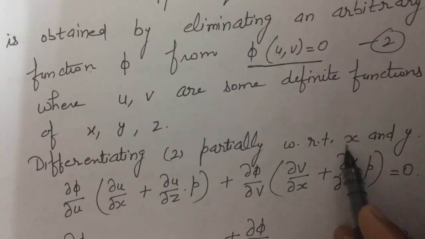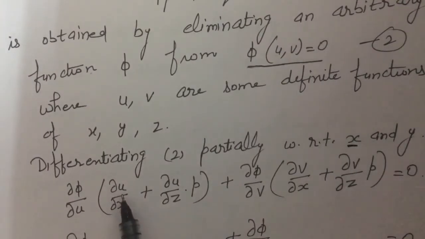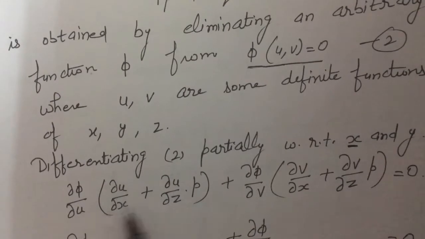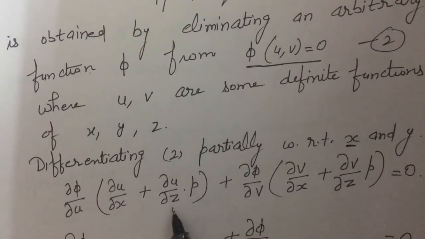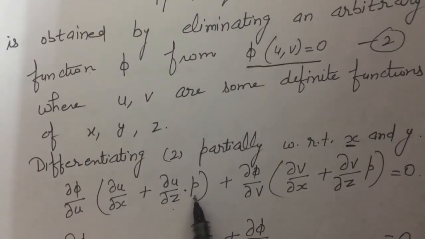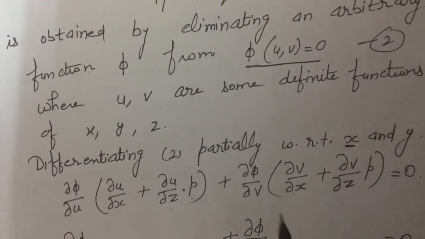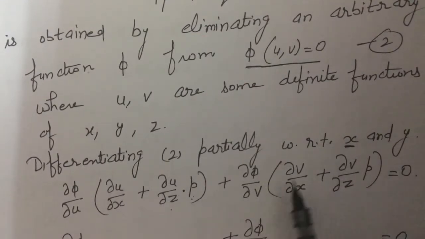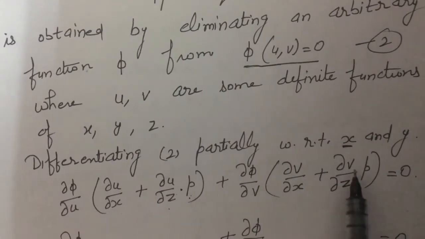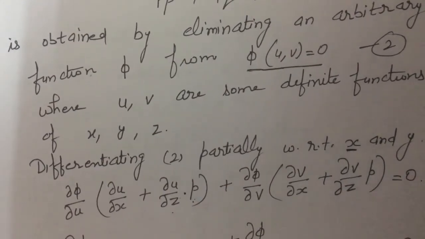We are differentiating with respect to x, so by the chain rule, in the bracket we can write ∂u/∂x plus ∂u/∂z multiplied by ∂z/∂x, since z is again a function of x and y, and the notation for ∂z/∂x is small p. Similarly, if we differentiate phi with respect to v, then in the bracket we can write ∂v/∂x plus ∂v/∂z into p is equal to 0.